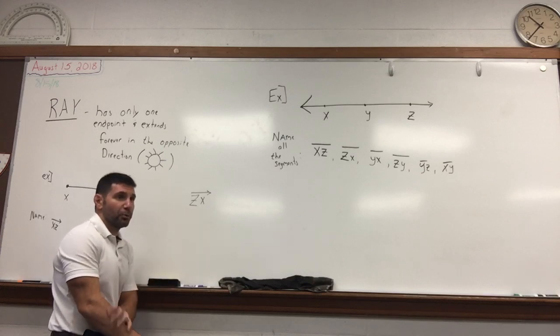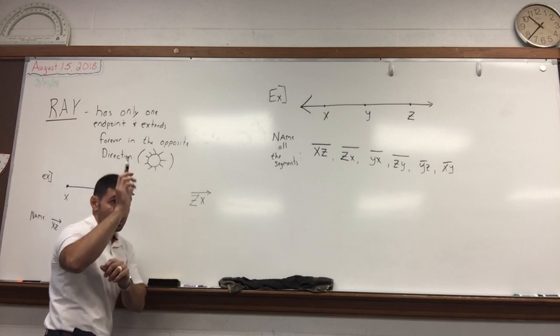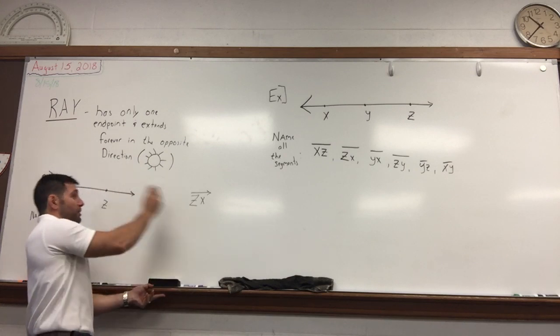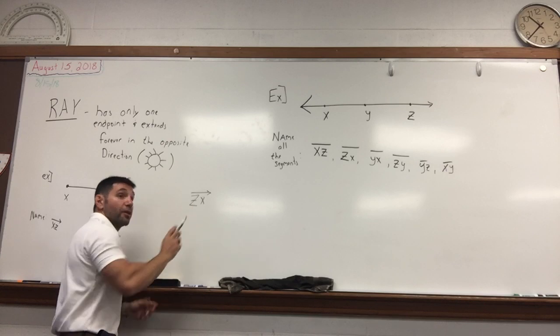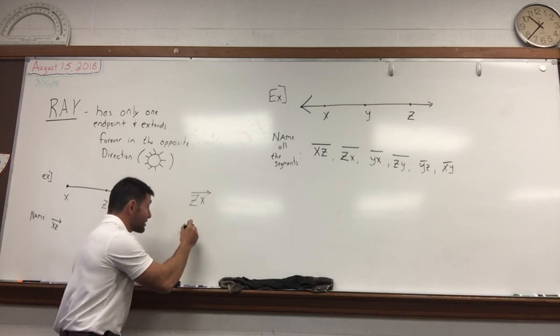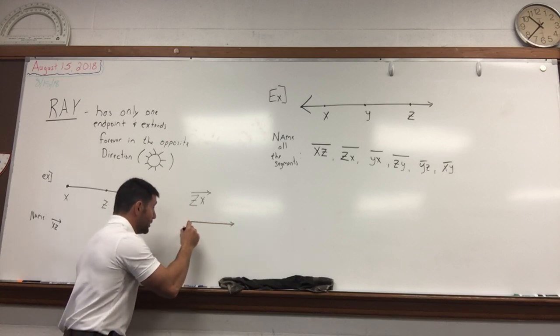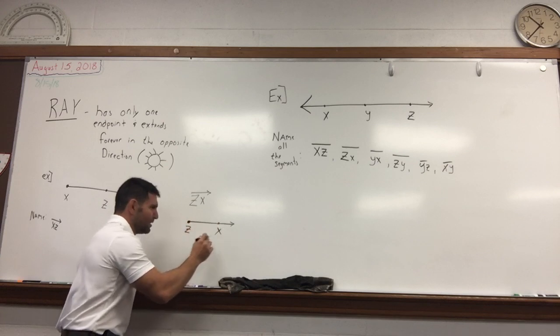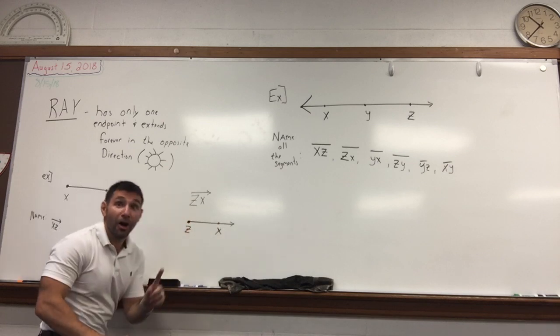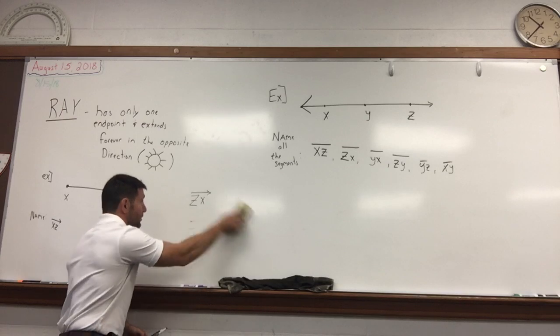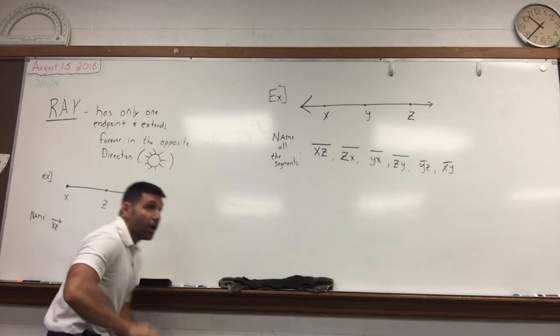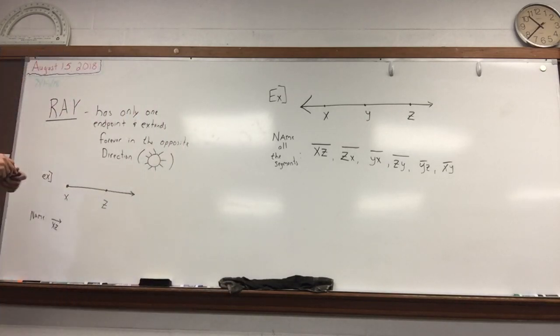So, which one has the endpoint? X. You said X has the endpoint, but over here you told me Ray ZX. So if I drew Ray ZX, it would start at Z. Is that the same thing? No. Rays will only have the one endpoint.